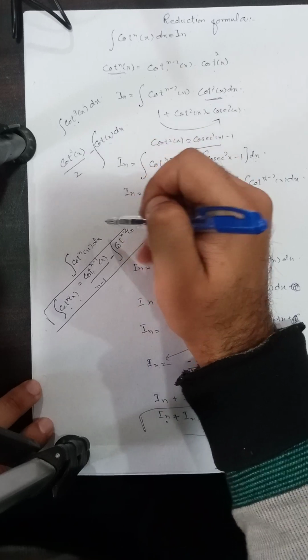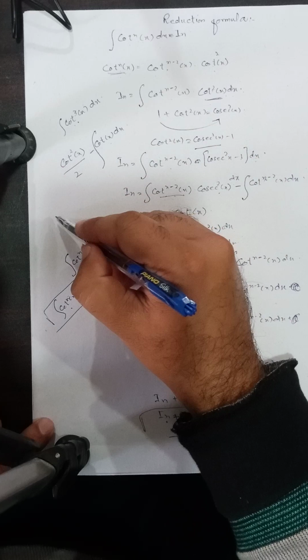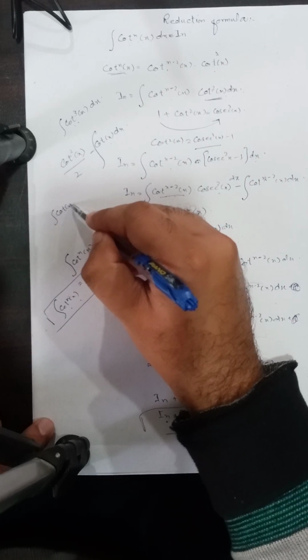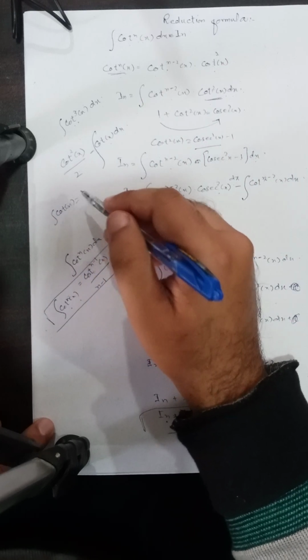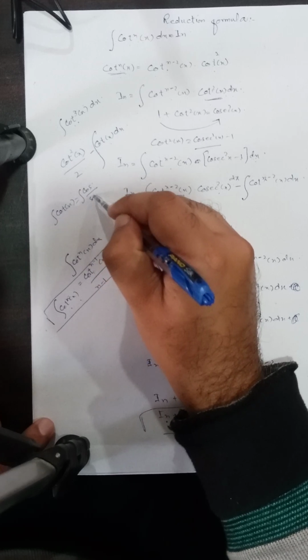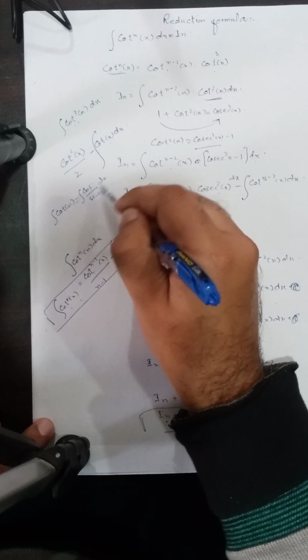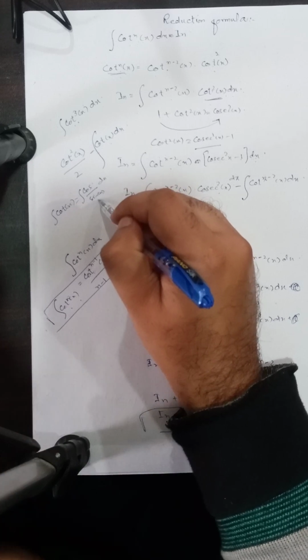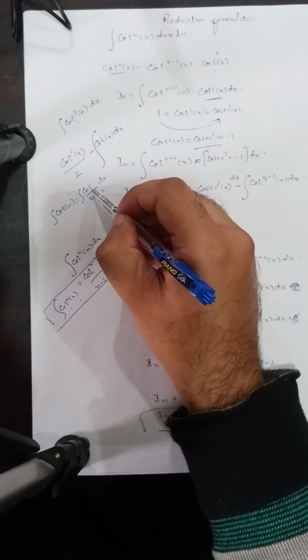So the integral of cotangent of x is equal to the integral of cos divided by sine dx. In the denominator there is sine x, in the numerator there is cos of x.